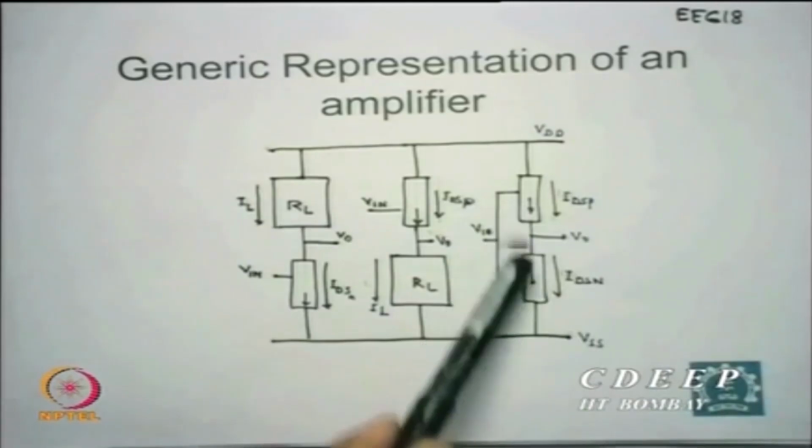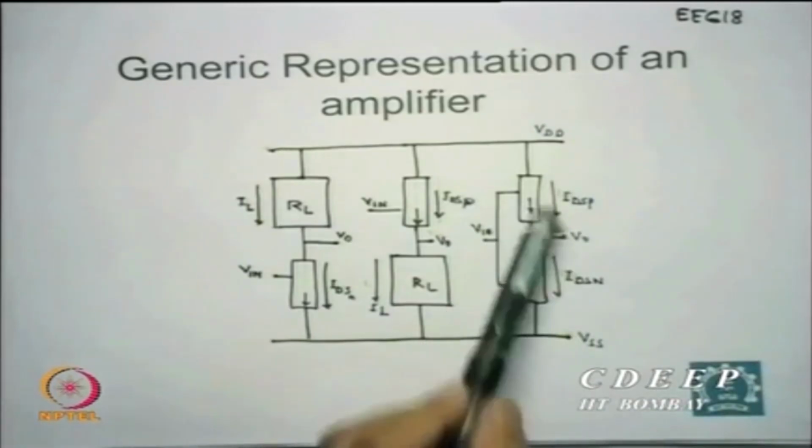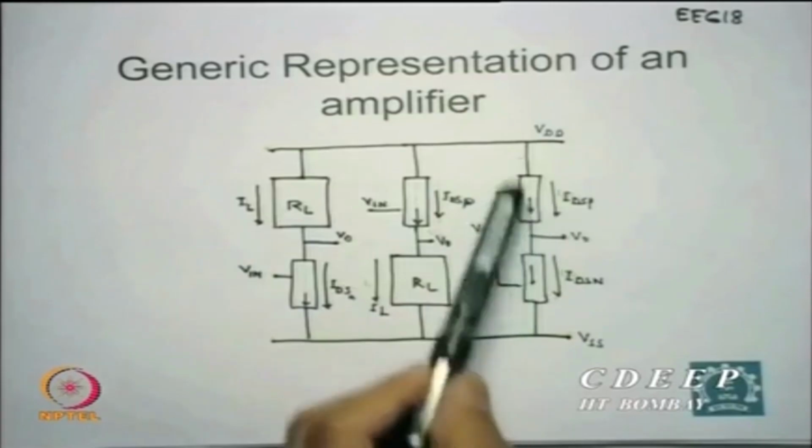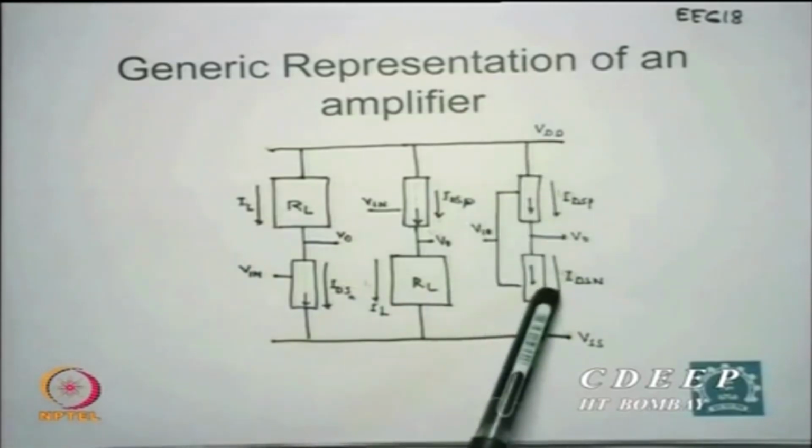Initially maybe this is the driver and this is acting like a load, and after some time this may act like a driver, or you may say superposition. You have an n channel amplifier superposed on a p channel amplifier, each acting as load for the other one. Is that clear? This is a possibility which we can use, and the advantage we shall see soon.